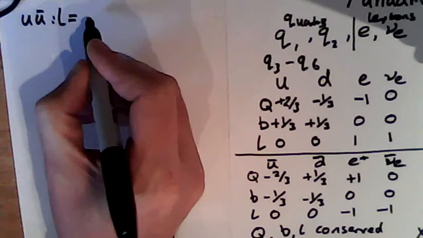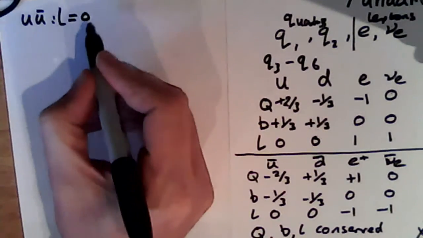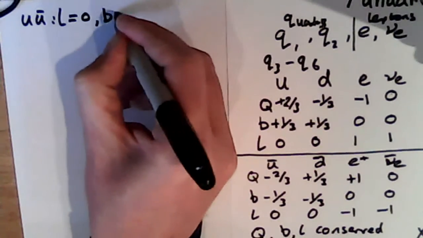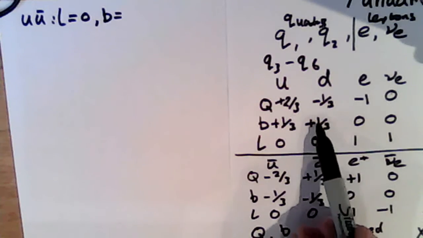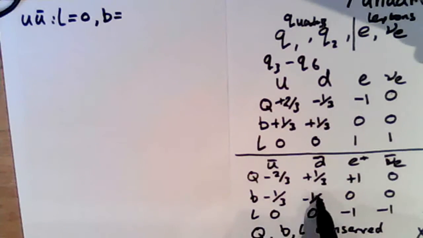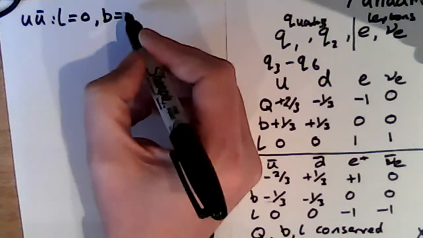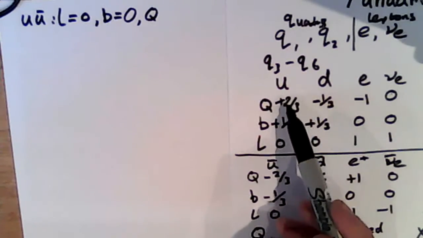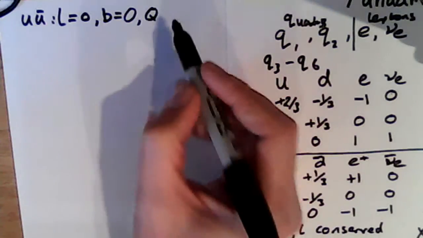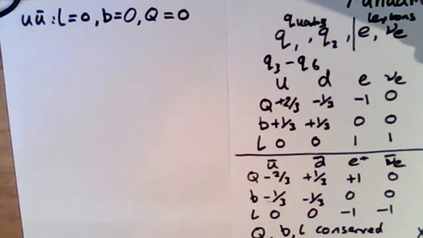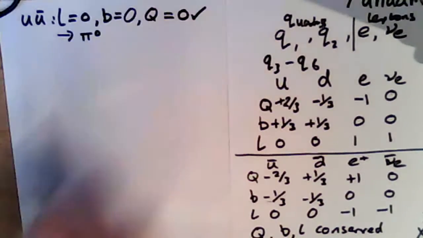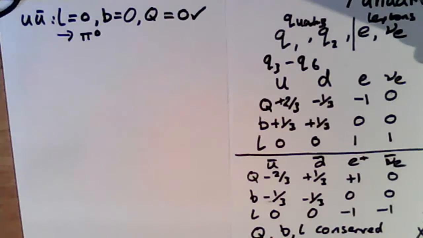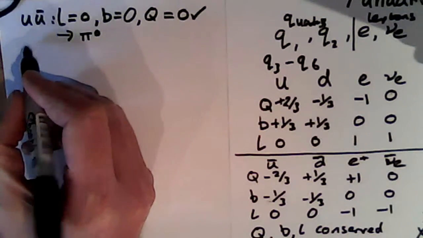Well, I can see the lepton number is going to be 0. The baryon number is going to be +1/3, and an anti-up -1/3, so that's 0. The charge is going to be +2/3, -2/3, that is equal to 0. These are integer values, this is allowed, and this particle gets the name of a pi0, or a neutral pion particle, to give it its full name.